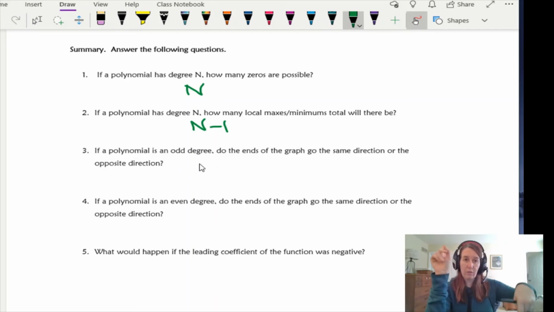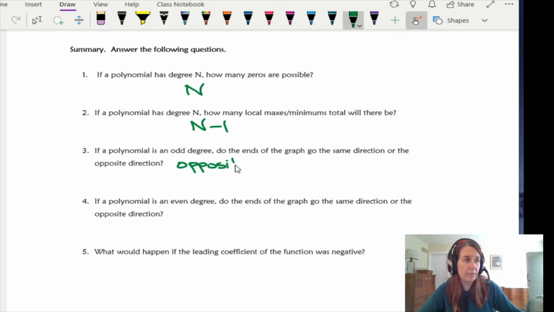Okay, so in other words, one was pointing up and one was pointing down, right? So they go in opposite directions. If a polynomial is an even degree, do the ends of the graph go in the same direction or opposite directions? Well, in this case, they were both up and up. It is possible to make them go down and down, but they need to go in the same direction.